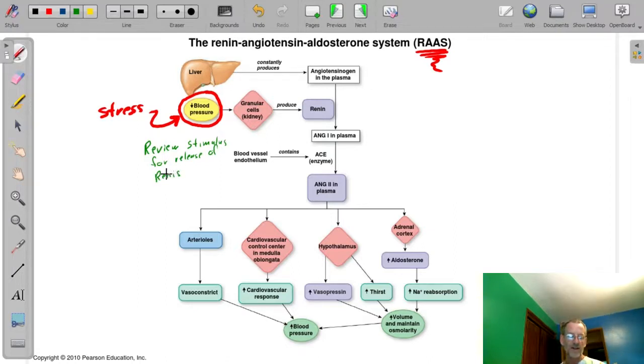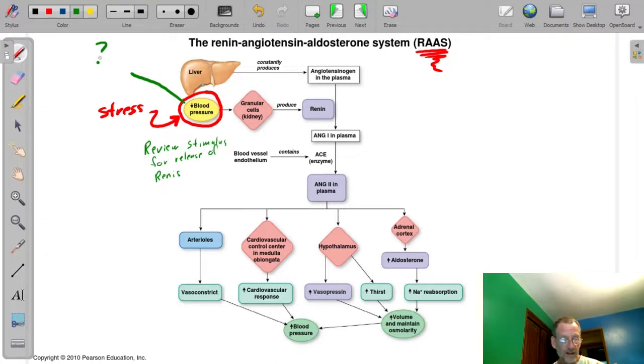So if you're thinking a systemic drop in blood pressure, let's just go back and review before we get too far into this. How are we detecting a drop in blood pressure? What's the first thing that comes to mind? A drop in systemic blood pressure. Who's detecting it? Right, the baroreceptors. And that feeds into the nervous system.